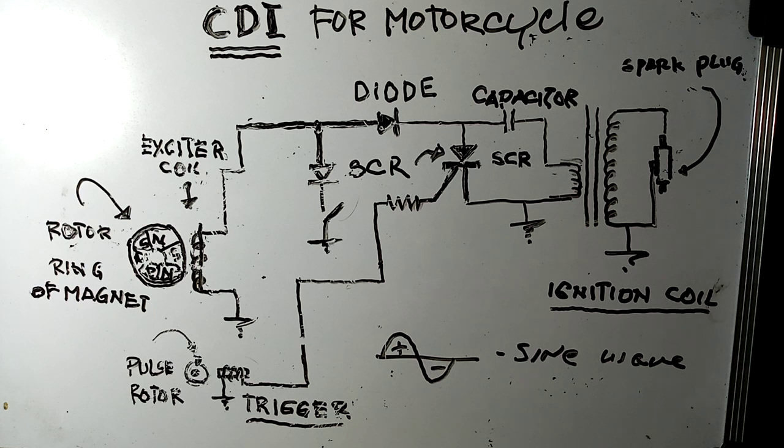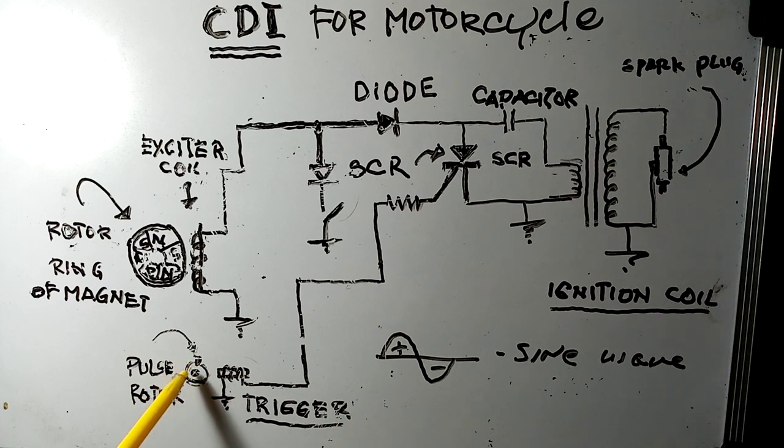When this is another component, we have here a pulsar, a rotary pulsar, and this is a trigger. It is a small coil with a carbon core, and this is a small magnet here.